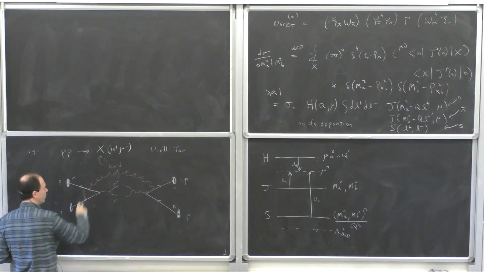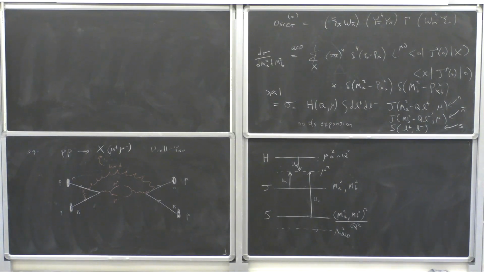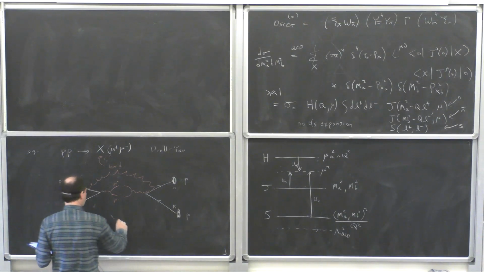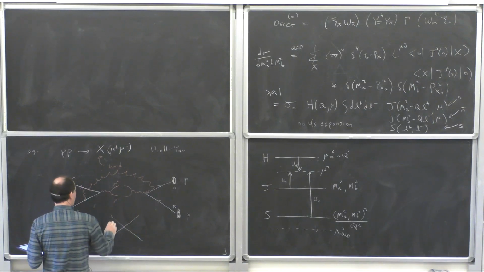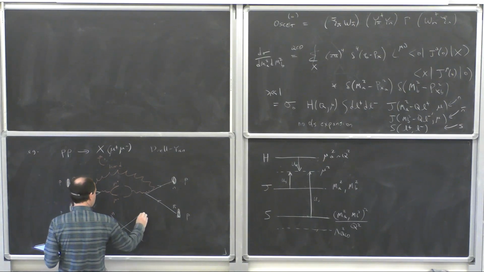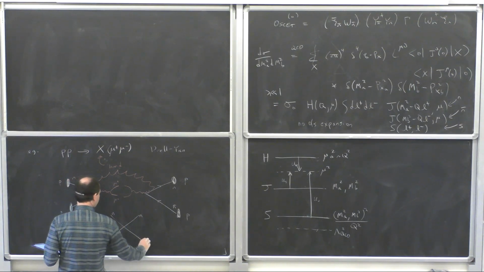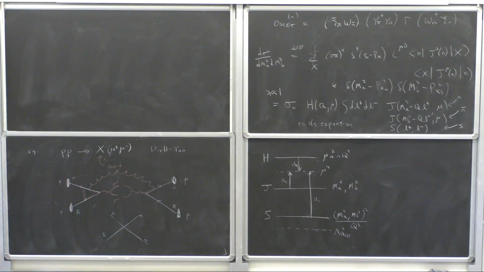You're going to have both virtual and real corrections in this hard region of phase space. You have to integrate them all out together. And when you do that, you're left with some object that looks like a four-quark operator after integrating out the red stuff.